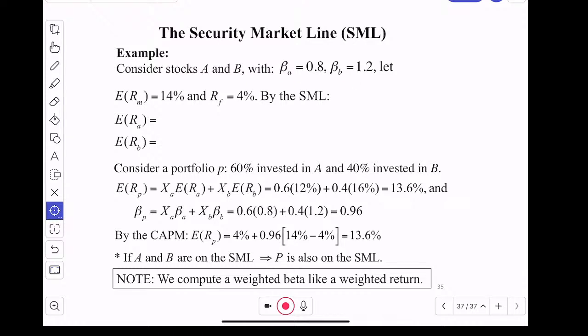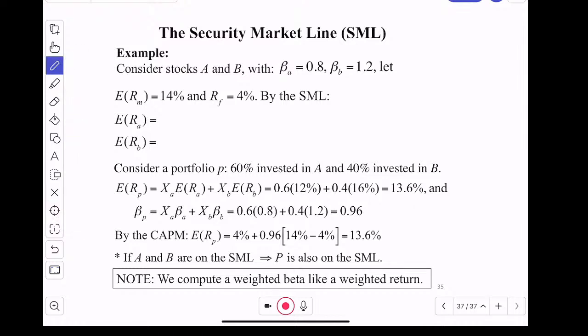This was calculated by finding the slope of the best fit line between the asset and the market portfolio. So beta B is more risky than the market. Beta A is less risky. So let's combine them. Well, first of all, let's figure out their returns based on the capital asset pricing model using the SML.